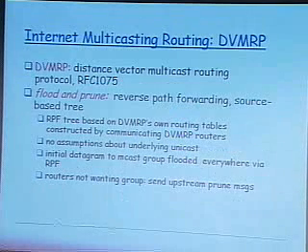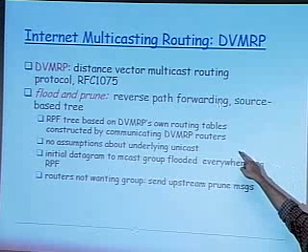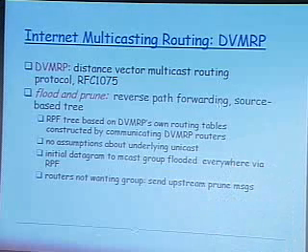So in the internet, multicast routing was implemented using DVMRP. It's a distance vector multicast routing protocol. It uses reverse path forwarding, which we saw earlier, and source based trees. So each source has its own tree. The reverse path forwarding is based on DVMRP's own routing tables.